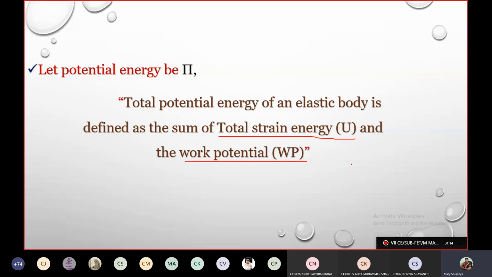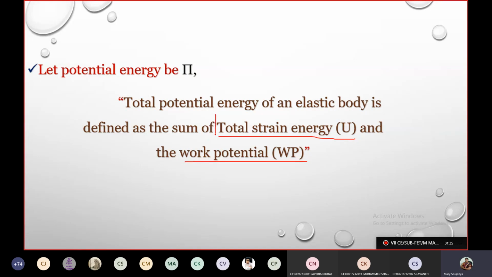All right. See, when I mentioned internal potential energies plus external potential energies, internal indicates whatever is happening internally: the work done due to the internal stresses, or the energy stored internally, that comes under strain energy.